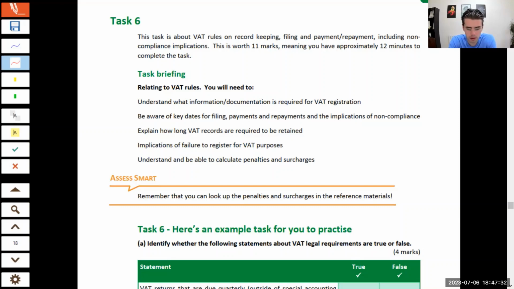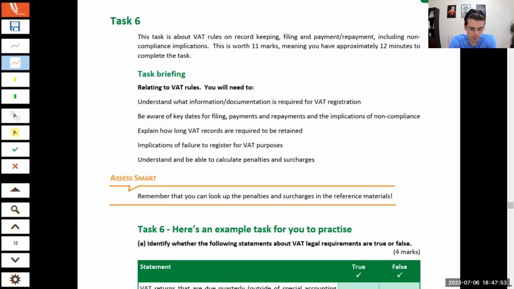The task is worth 11 marks, meaning you have approximately 12 minutes to complete it. Again, just use the times as a rough guide. It's based proportionately on the marks in the task weighed against the total marks in the assessment and the time you have available. If you do it in 30 minutes, it's fine. You know your own time a lot better.